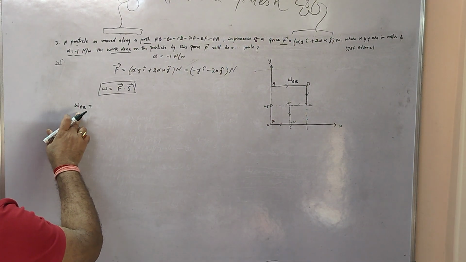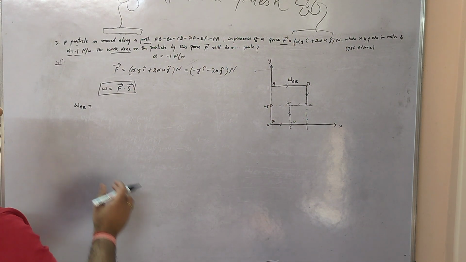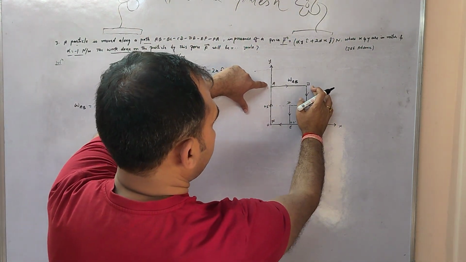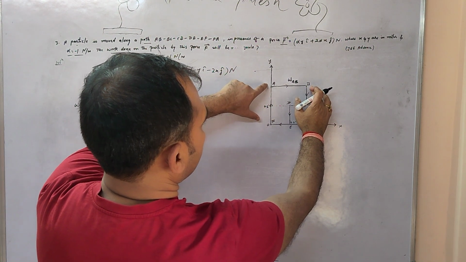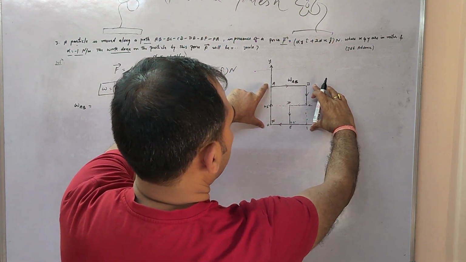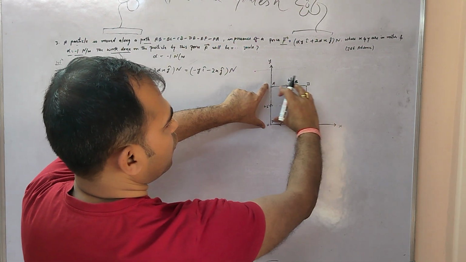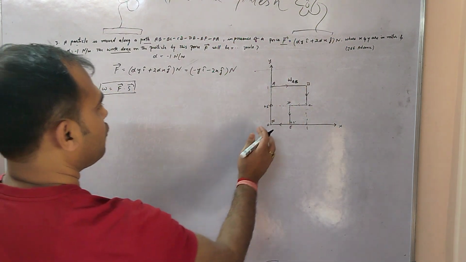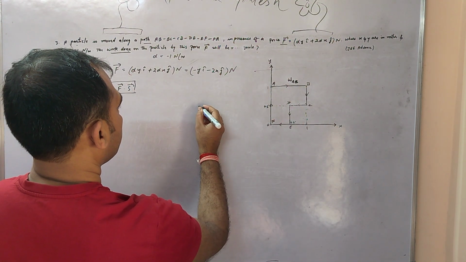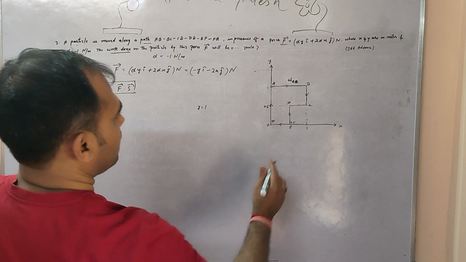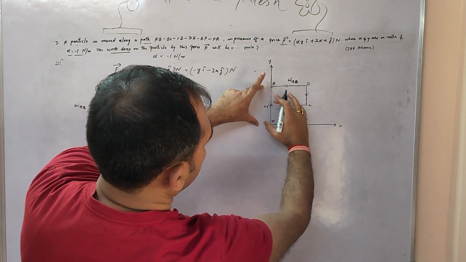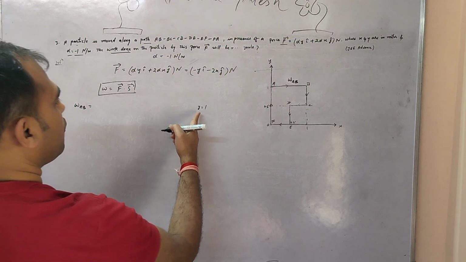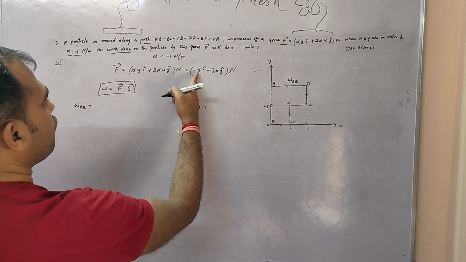Now let us discuss work done from A to B. So from A to B, you can see the value of y is constant throughout A to B. This is y, and that is equal to 1 meter. This is 1 meter, and that is constant throughout A to B. So put the value of y is equal to 1.